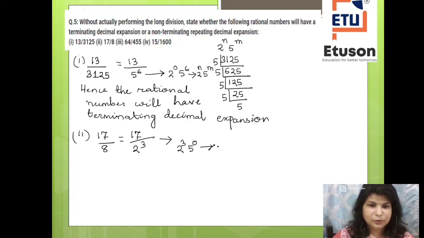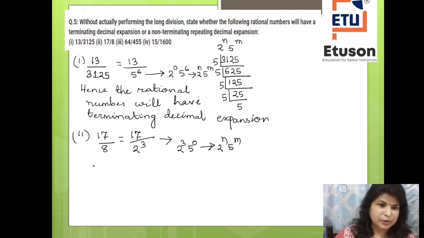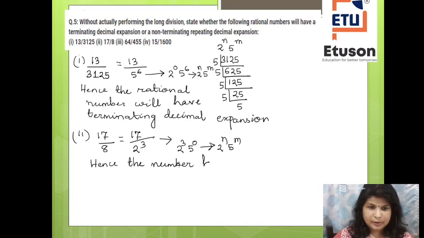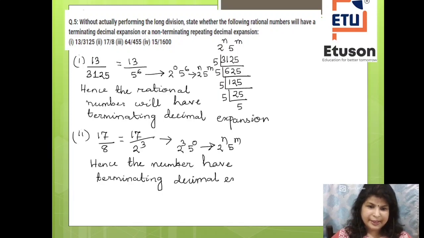Okay, now is this in the form of 2 to the power n into 5 to the power m or not? Yes. So hence the number will have a terminating decimal expansion, correct?